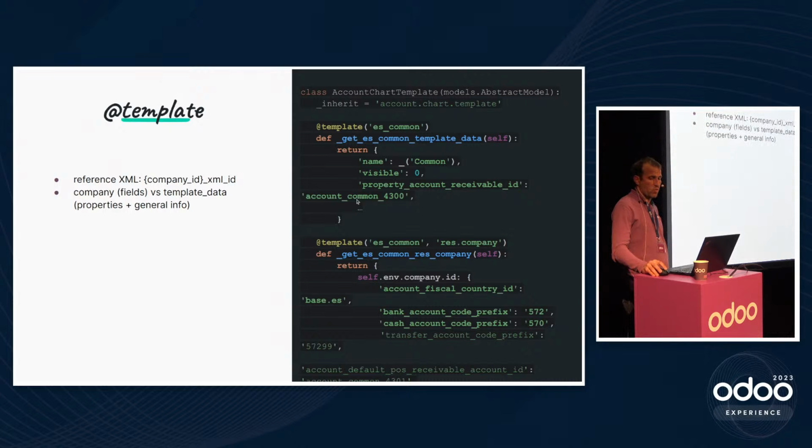Because this is an XML ID that will not exist in the database, because the templates are gone. That's where this decorator comes in. For the account common 4300, the reference XML ID, when you instantiate it, will be the ID of the company, underscore, that XML ID, and that will be the reference for that receivable account in that company.